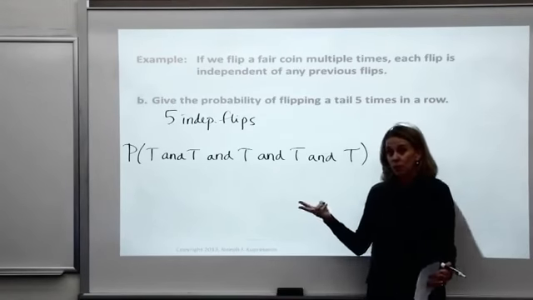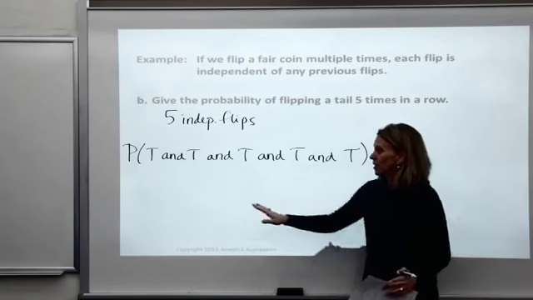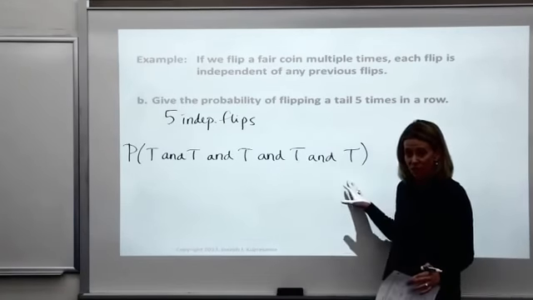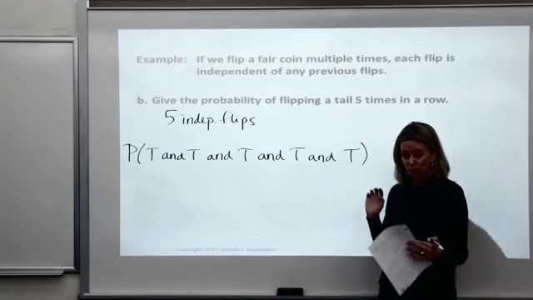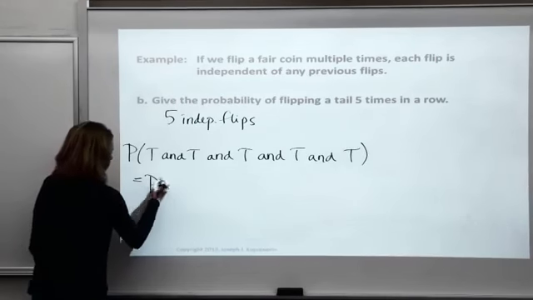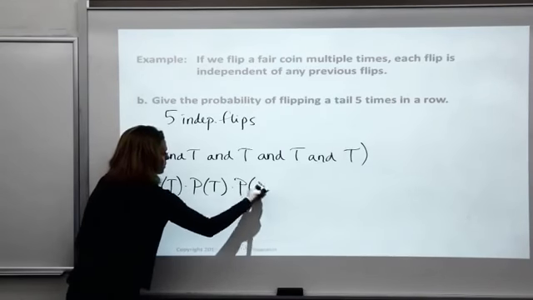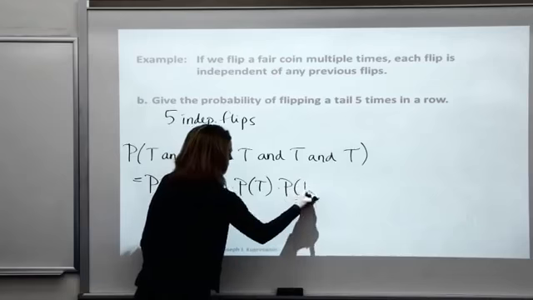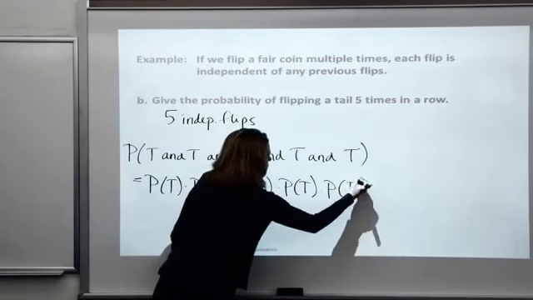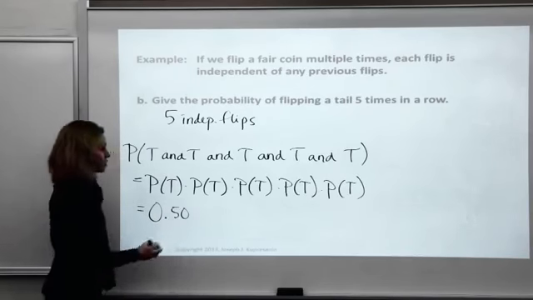That multiplication rule extends. It doesn't matter if you have 2 independent events or you have 25 independent events. As long as they're all independent, the likelihood of all of those events happening, you simply multiply all together. So this will be the probability of getting tails times the probability of getting tails, and we'll have this here 5 times. And we know that for each one of these, the probability of getting tails is 0.5.